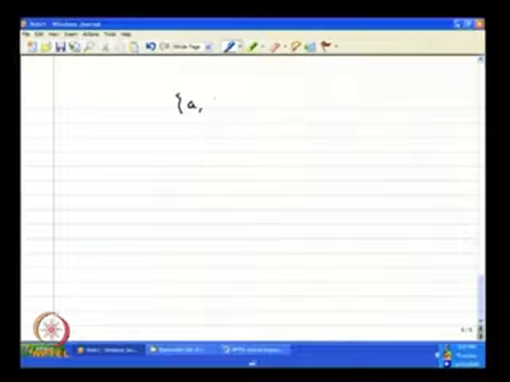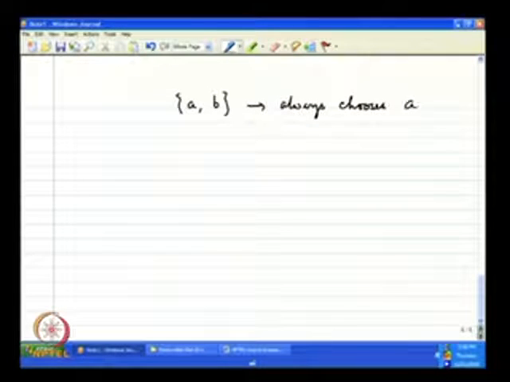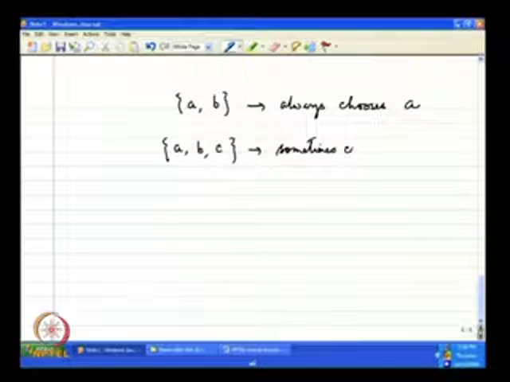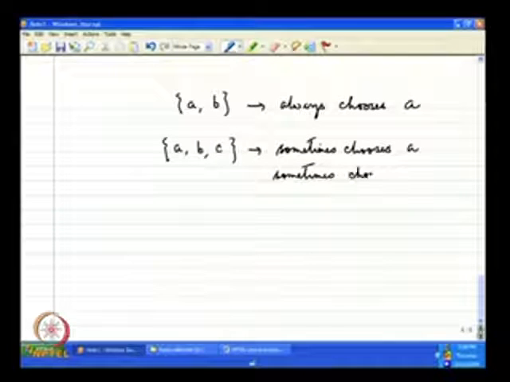An individual has two choices, A and B. A is the first action, B is the second action, and it is seen that he always chooses A. So if he is given two choices, A and B, he always chooses A. And suppose it is also seen that if the same individual is given three choices, A and B as before, and now an additional choice, C, sometimes he chooses A and sometimes he chooses B. Now if this is what is observed, then you see it again violates the theory of rational choice.